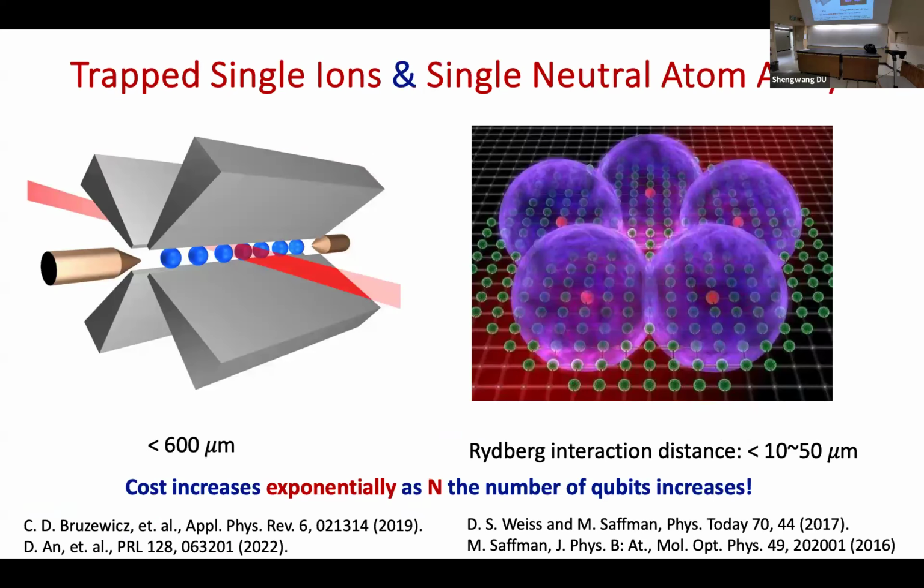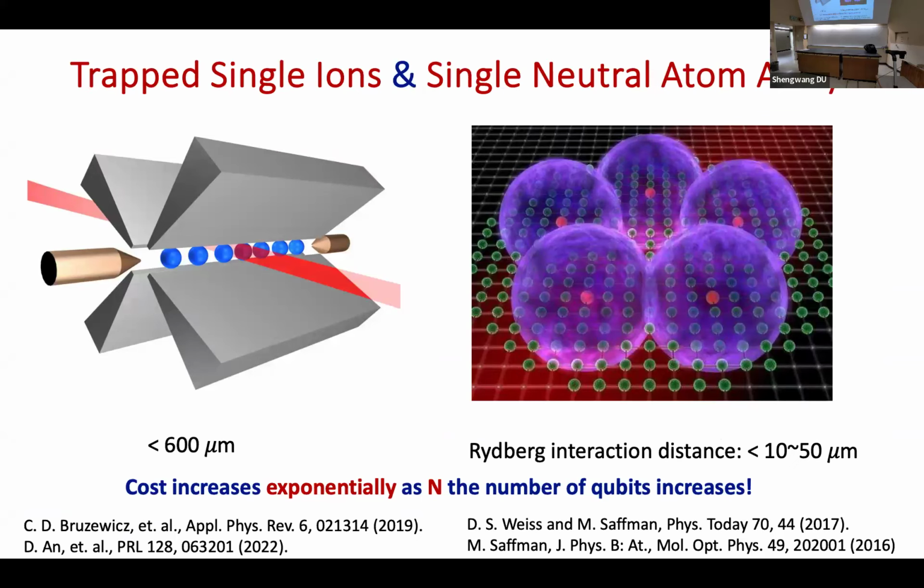For the trapped ion, the remote gate operation basically makes use of the Coulomb interaction. The Coulomb interaction has a limited distance, so you cannot go very far away. Typically the distance is limited to about 600 microns. I think exceeding 50 qubits in the trapped ion is extremely difficult.